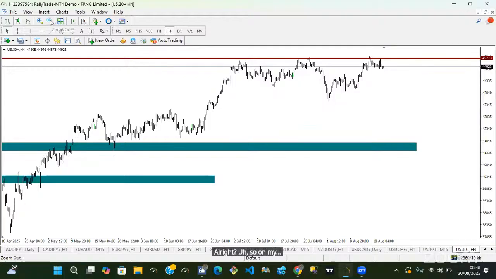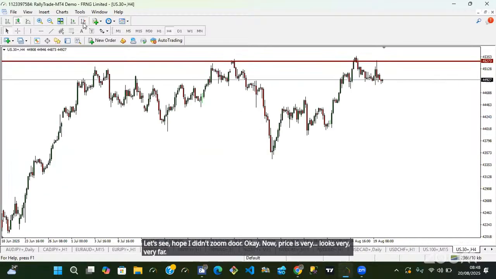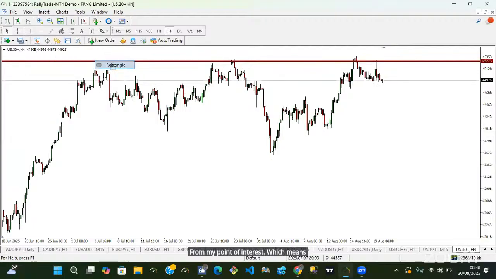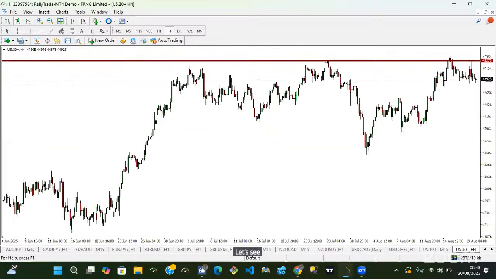On my 4 hour time frame, let's see. Hope I didn't zoom low. Okay, price looks very, very far from my point of interest, which is the lowest point here that I'll possibly want to be dealing with right now.